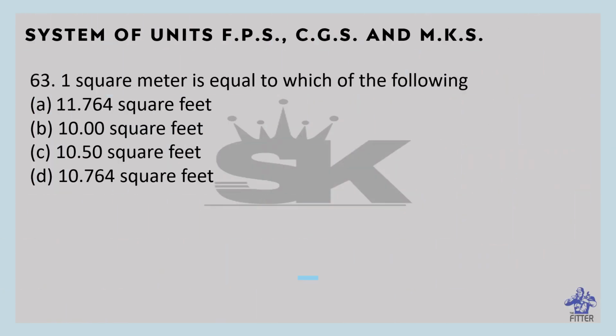1 square meter is equal to which of the following? So 1 square meter equals 10 to the power 4 centimeter square. Here 10 to the power 4 by 30.48 squared feet, because 1 foot equals 30.48 centimeter, right?